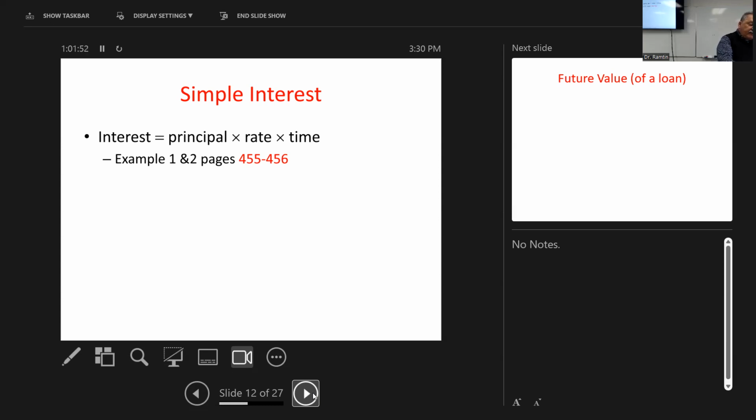So the principal value P is 2,000. The interest rate is 6%. I want to write it as a decimal, so I move the decimal point 2 places to the left. It becomes 0.06, and the time T is 1 year. So you multiply all these together, it is 120.